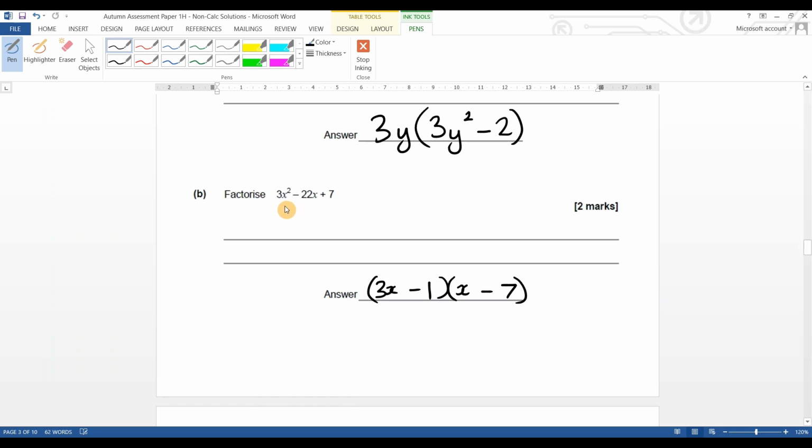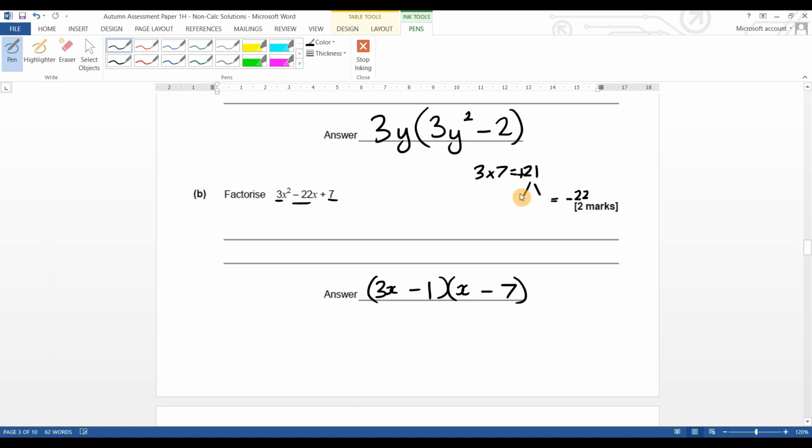It's called the AC method. That's because you multiply these two together. That's your A, that's your C. Multiply those two first. So 3 times 7 gives you 21. It's positive 21. And that is made up of two numbers that also equal the minus 22 at the same time.